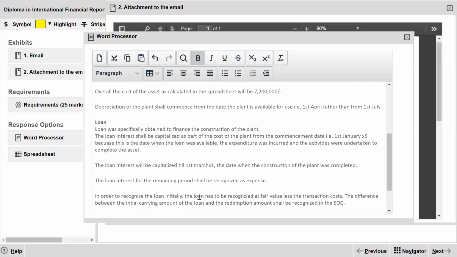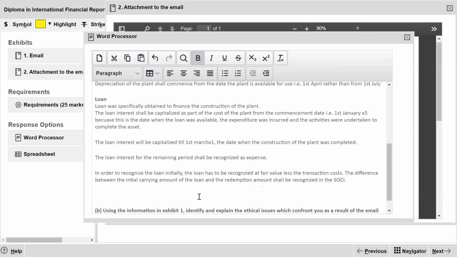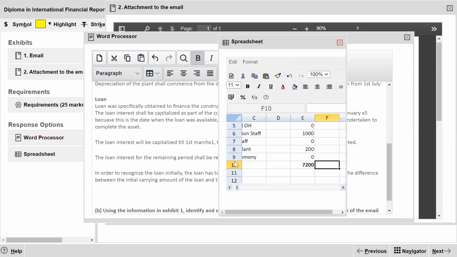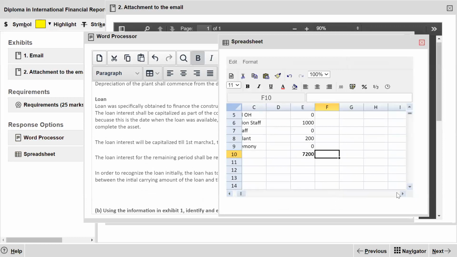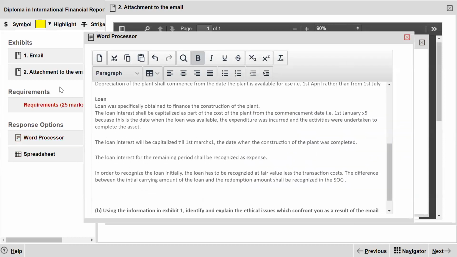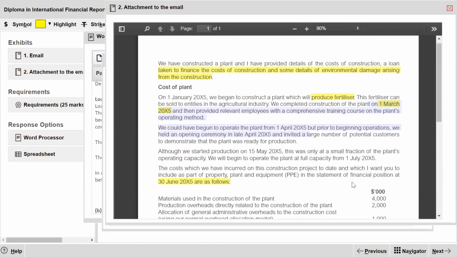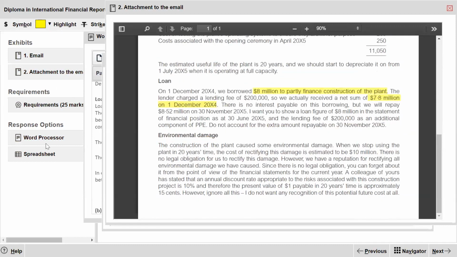Now let's move a bit forward and let's discuss things further. See, how are we gonna do it? For the loan, the loan amount was 8 million, right?